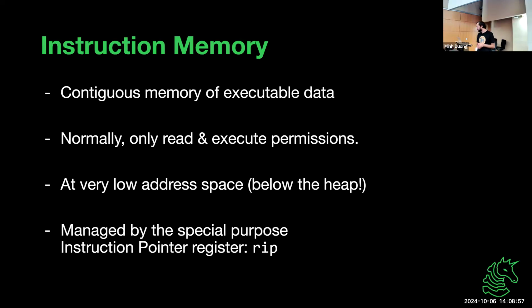It's also at a very low address space in general, below the stack, the heap, and even below that too. And we have a special purpose instruction pointer register, RIP, which points to whatever we want to be executing at the moment.